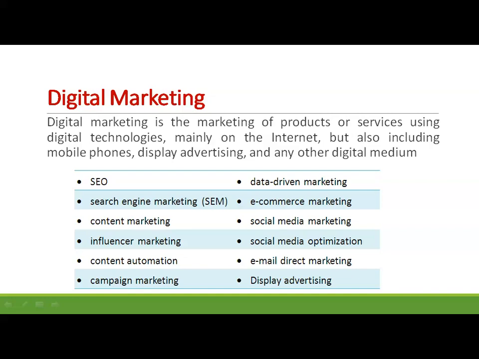As digital platforms become increasingly incorporated into marketing plans and everyday life, and as people increasingly use digital devices instead of visiting physical shops, digital marketing campaigns have become prevalent, employing combinations of SEO, that is search engine optimization, then SEM, that is search engine marketing, then content marketing, influencer marketing, then various concepts like data driven marketing, campaign marketing, e-commerce marketing, social media optimization, email direct marketing, display advertisement, then ebooks, optical discs and games have become commonplace.